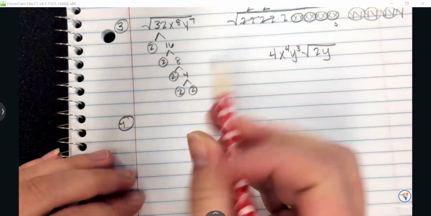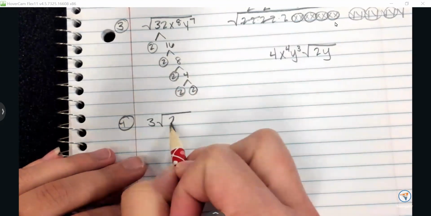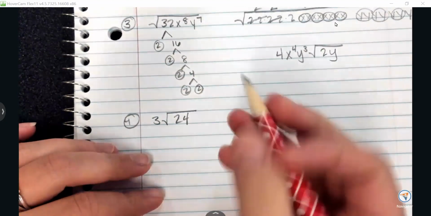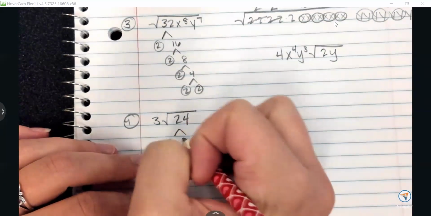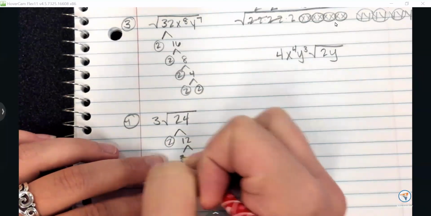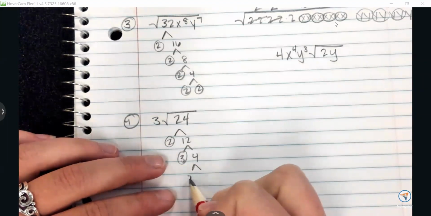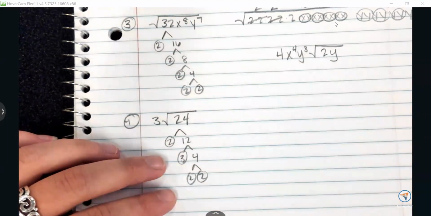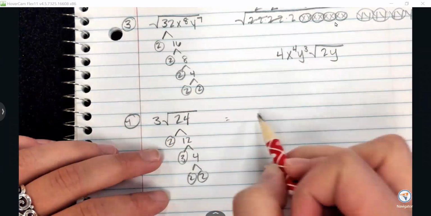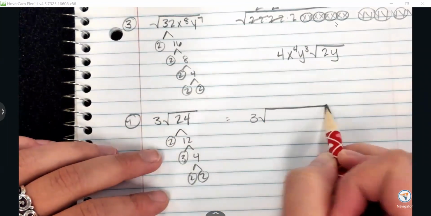Let's do this one. 3 square root of 24. So all I'm doing is breaking down my 24, 2 and 12. Doesn't matter. Did I have to use 2 and 12? No, you could use other numbers. Okay. So I broke down all my numbers. When I rewrite this, this 3 has to stay outside.